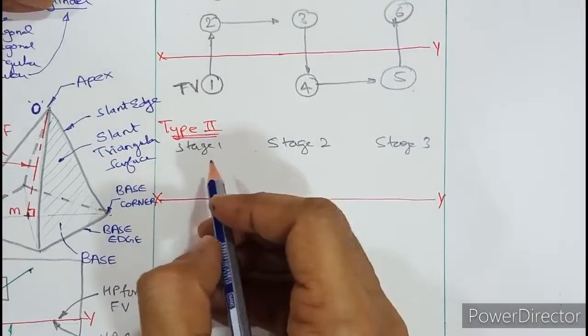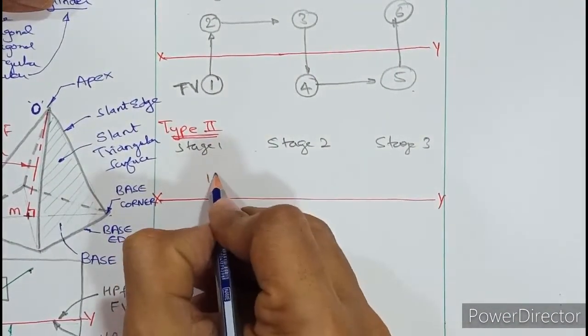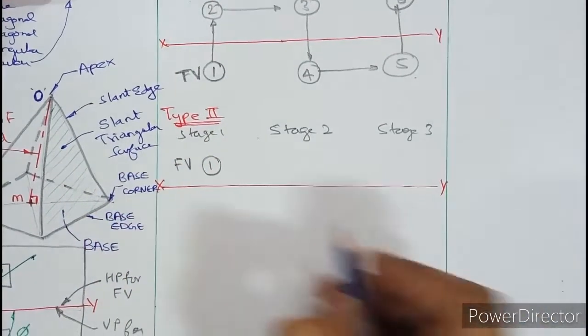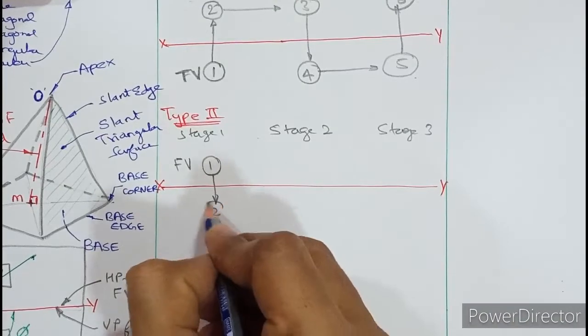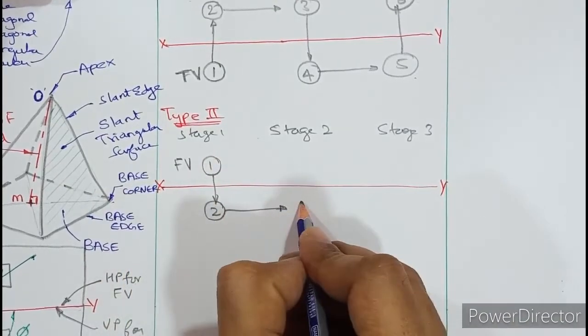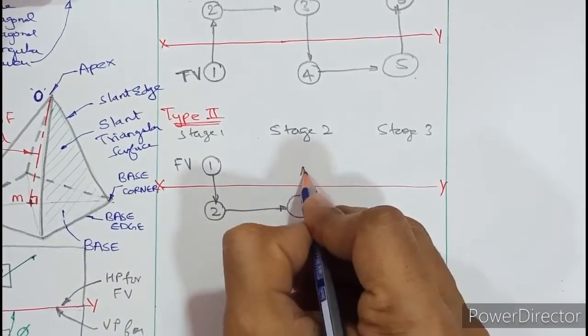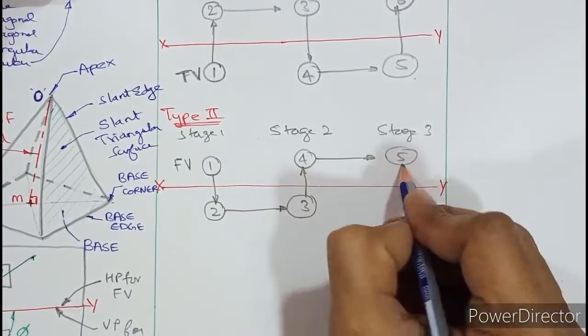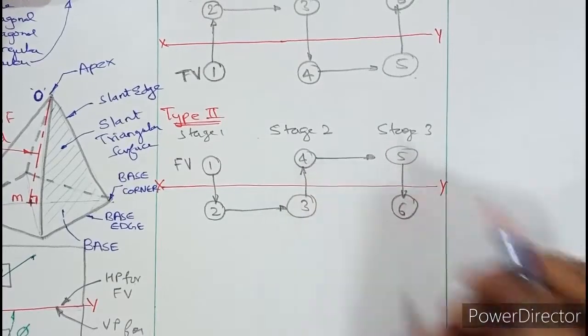So now, opposite of this, if you draw the first diagram here, that is, if you start from the front view, so always above XY is front view, then the second diagram has to be drawn below, third diagram beside, fourth diagram above, fifth beside. So it's a continuous chain, and the sixth is drawn below.